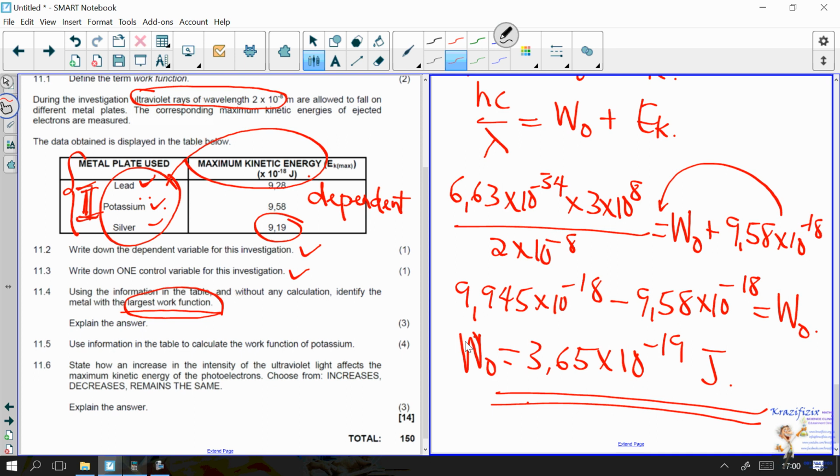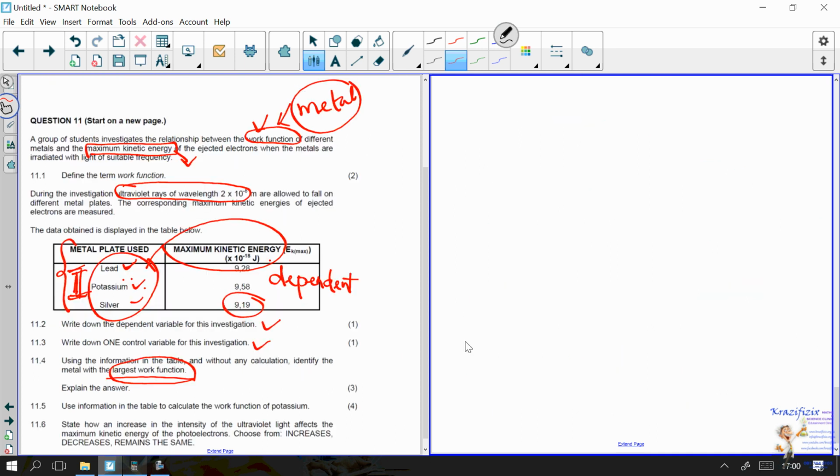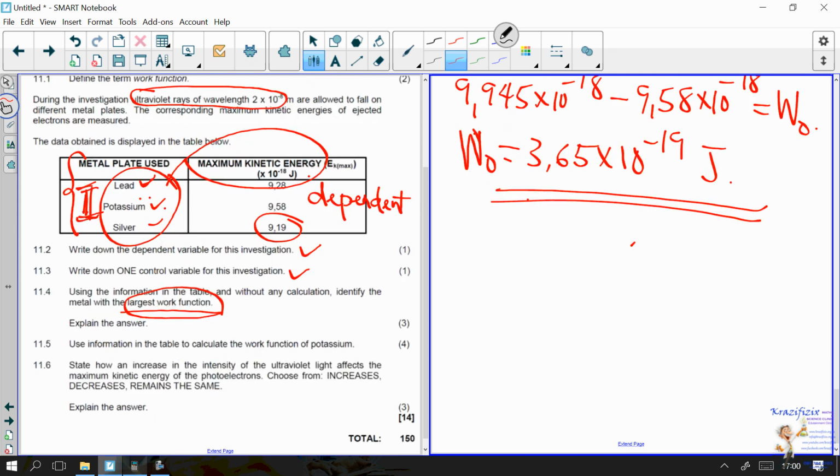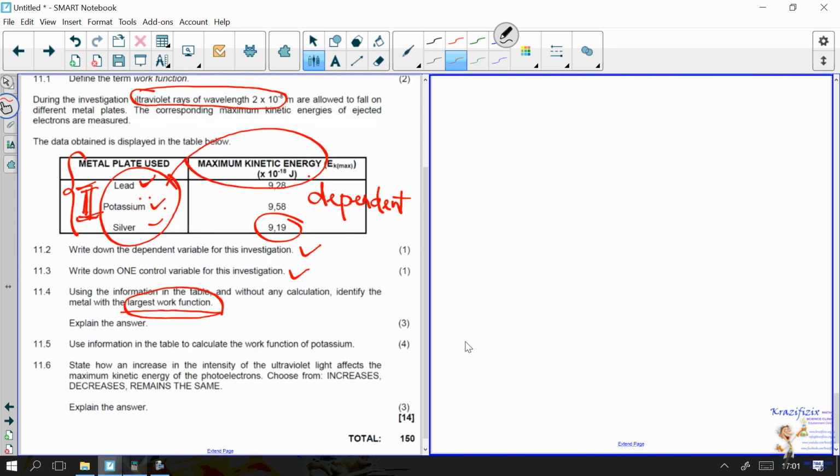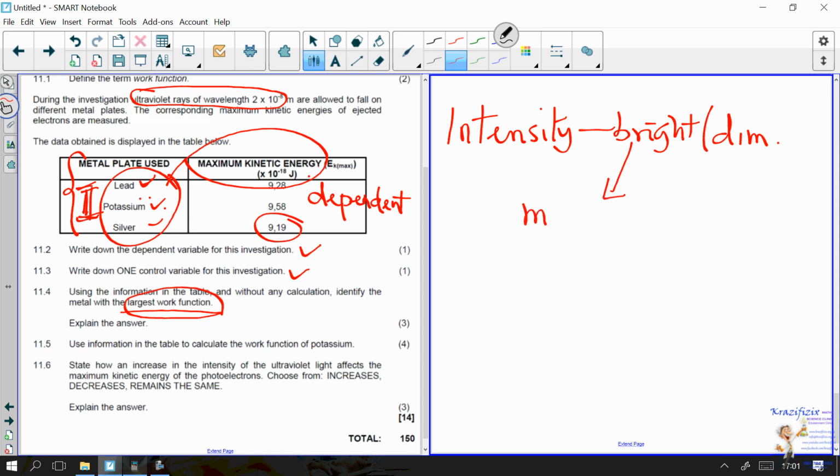Now state how an increase in intensity. What is intensity? Intensity actually refers to how bright or dim. With intensity, if it's bright, we talk about more photons, and if dim, we talk about fewer photons.